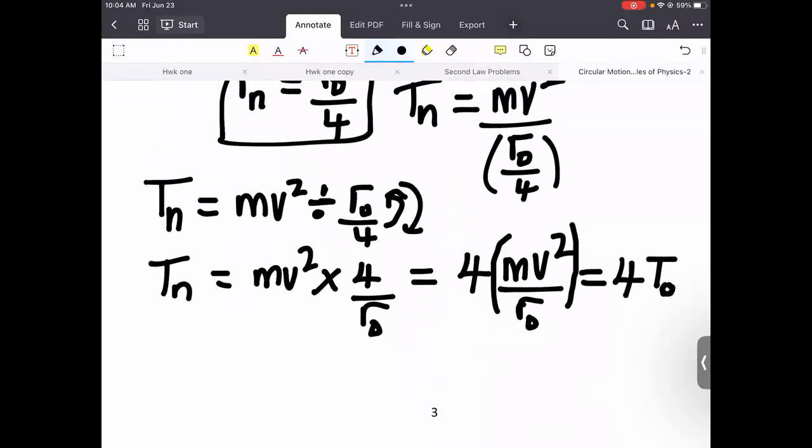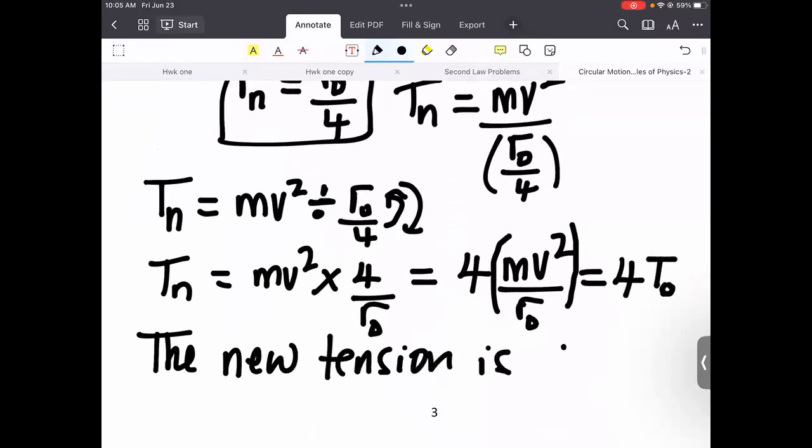So in short, the new tension is 4 times the original tension.